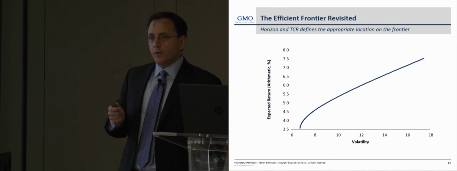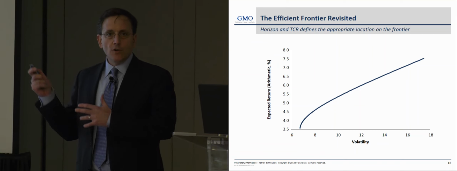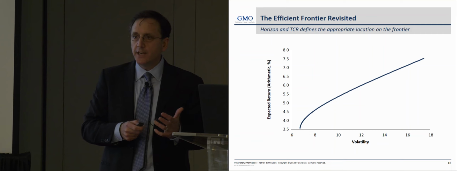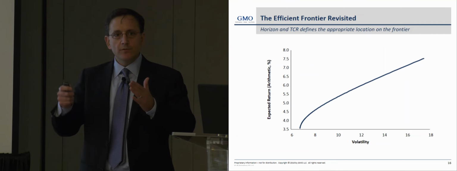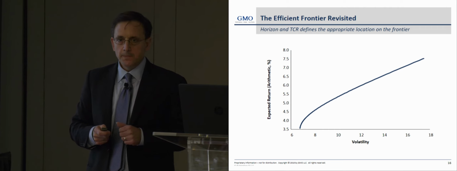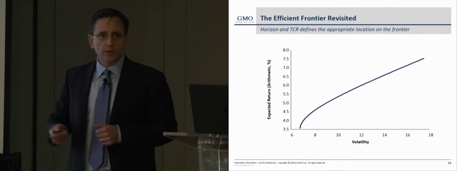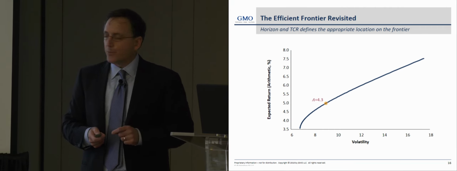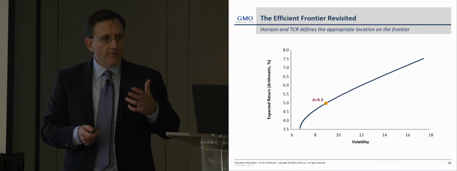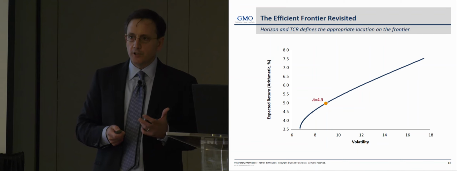Now, one way that we can understand those portfolios is to go back to the conventional efficient frontier and examine some of those portfolios and how they relate to the positioning on the frontier. So as a reminder, we start out with a frontier, and in the conventional approach, we specify our preferences by specifying the risk aversion coefficient.